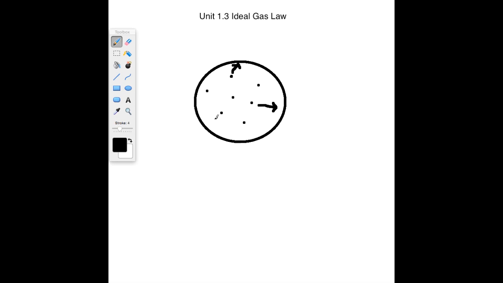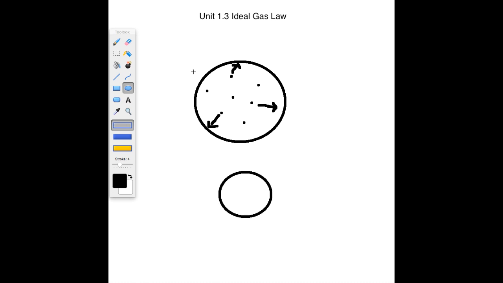So there's this pressure, either the people pushing outwards or the gas molecules as they're bouncing off, they're pushing outwards. Now what if all of these particles were smushed down, so that all of these particles or all of these people ended up in a much smaller space?